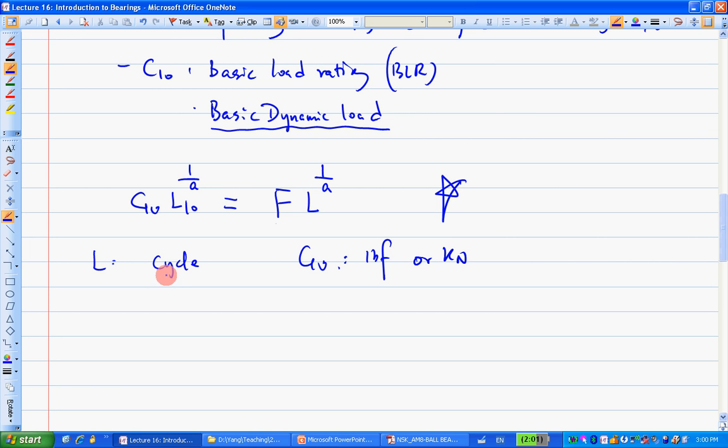What you can do is calculate the life in hours times the revolutions per minute, then times 60. That will give you the cycles. How many cycles do you get?